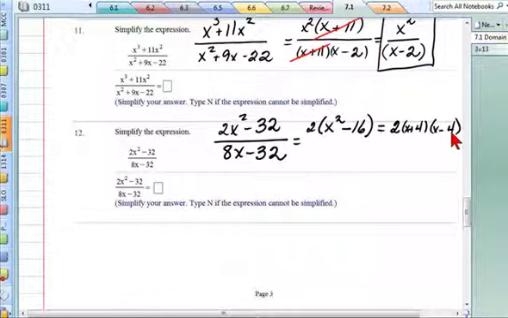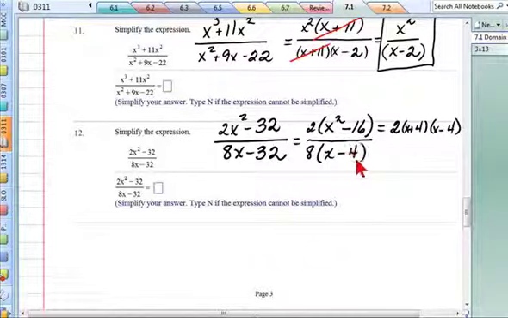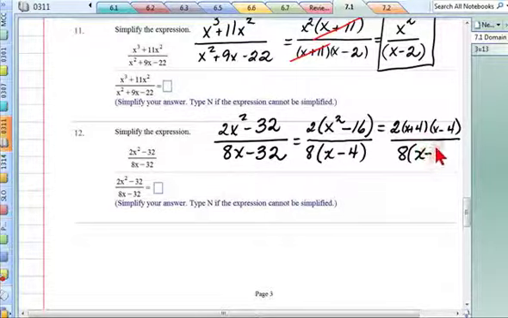So to factor the entire numerator took me 2 steps. The denominator has a common factor of 8. Factor out the 8, and that will leave me with an x minus 4. I can't do anything more to that, so I'll just copy it down as 8 times x minus 4.